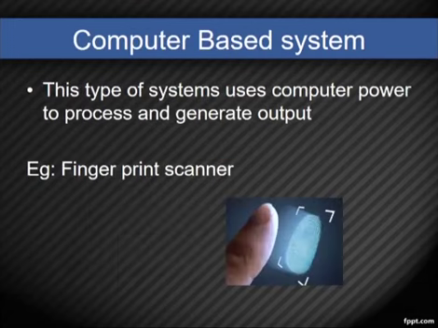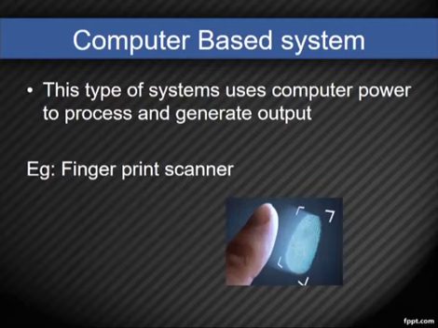For the computer-based system, most of the input, process, or output is done by the computer. This type of system uses computer power to process and generate the output, like a fingerprint scanner.